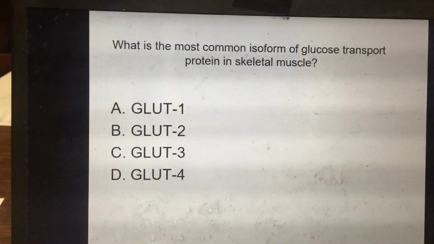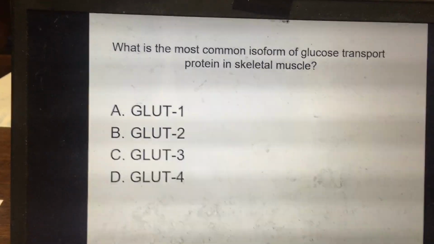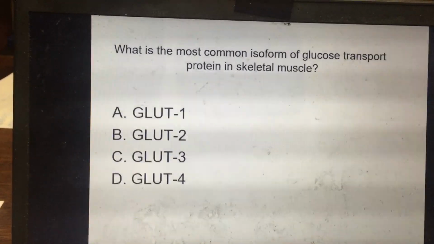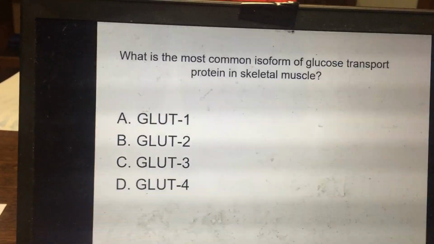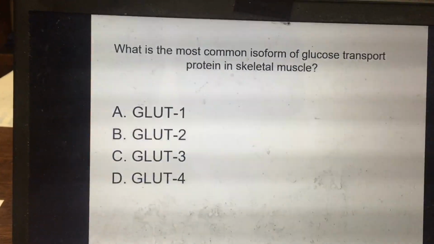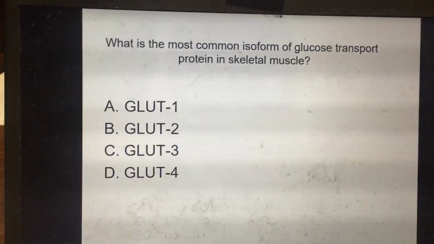So some review questions for you. What is the most common isoform of glucose transport protein in skeletal muscle? The correct answer here is D. It is your GLUT4s. These are glucose transport proteins located inside muscle fibers.